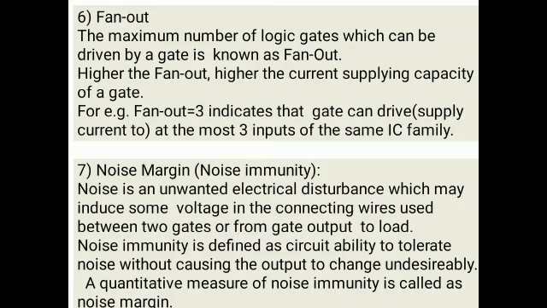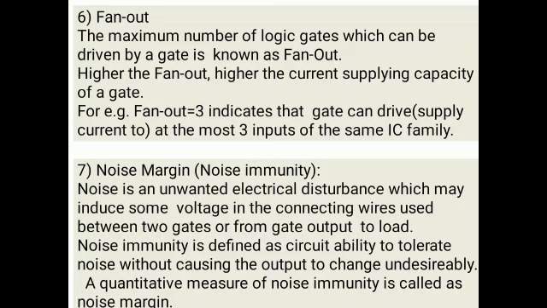So it is due to the magnetic fields, electric fields, which will add some voltage and which will affect our output. So noise immunity, it is defined as the circuit ability to tolerate noise without causing the output to change.